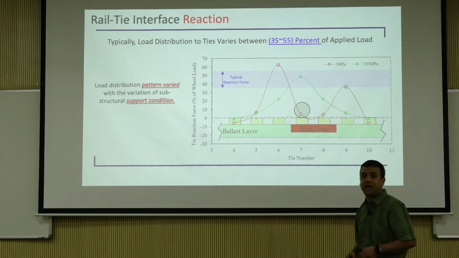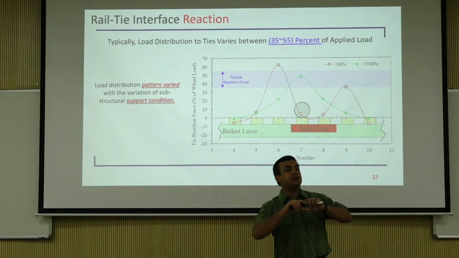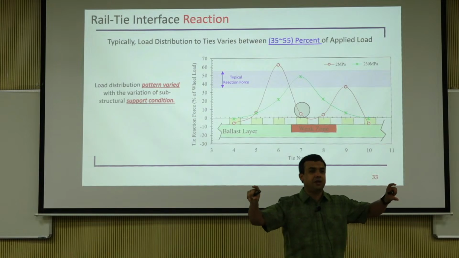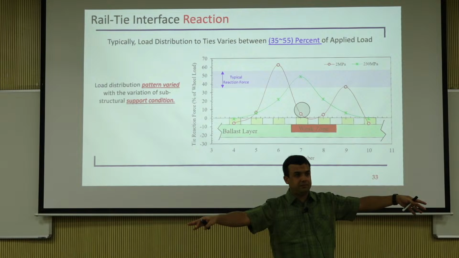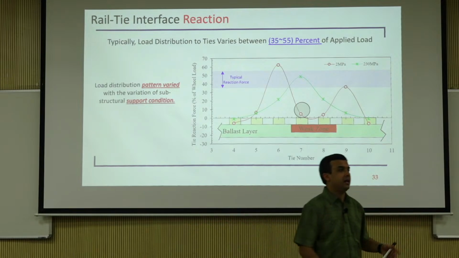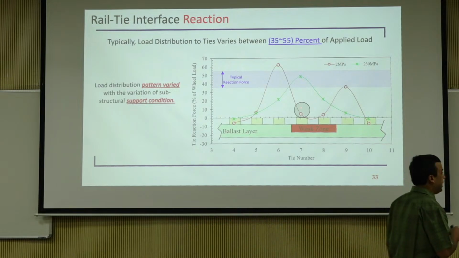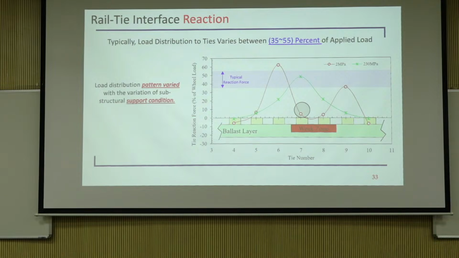Why does it happen? This is because of the bending stiffness of the rail. It dissipates between the other ties. Now, this is a form of deflection basin, if you think about it, where the load is being applied.